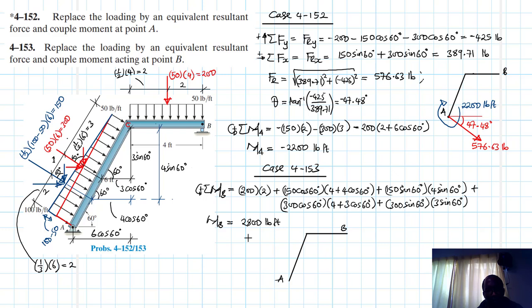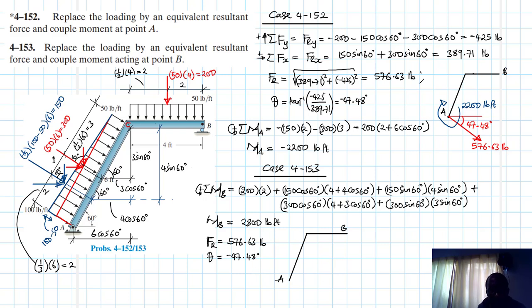The resultant force will not change. It will be the same. The resultant is going to be equal to 576.63 pounds, and the angle also won't change. It will be the same, negative 47.48 degrees.